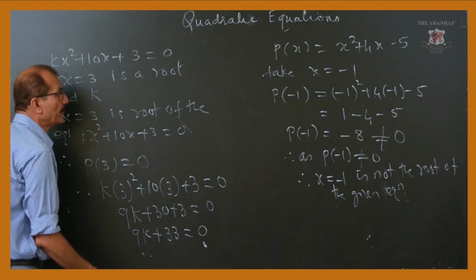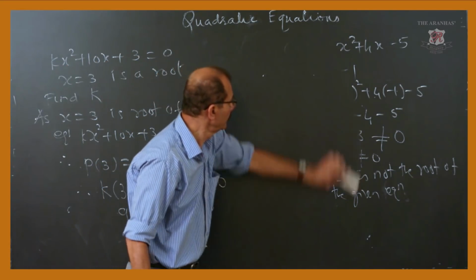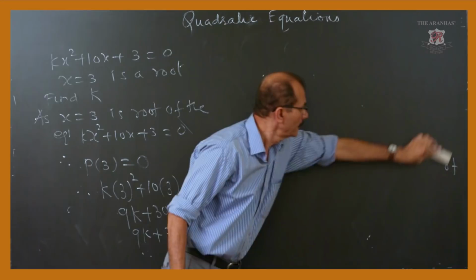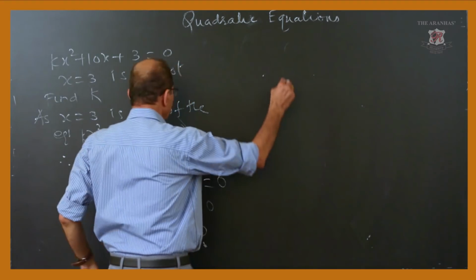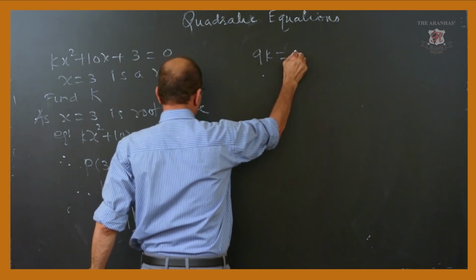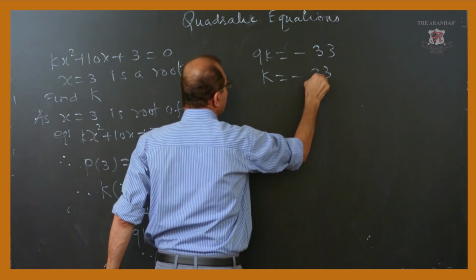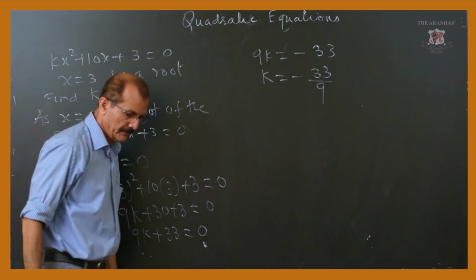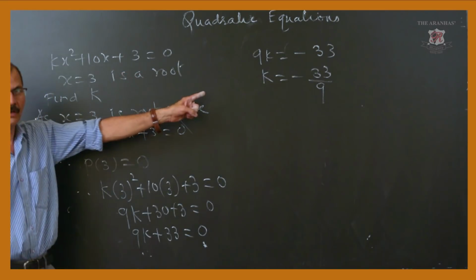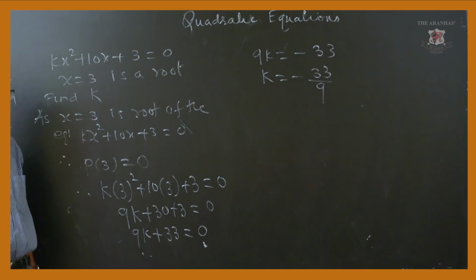Therefore, k is equals to minus 33. So, k is equals to minus 33 upon 9. So, this is the value of k equals to minus 33 upon 9.